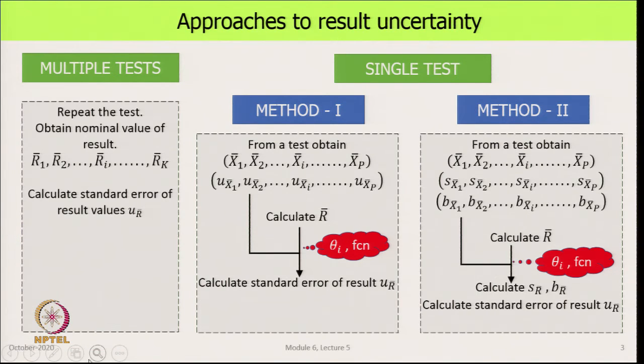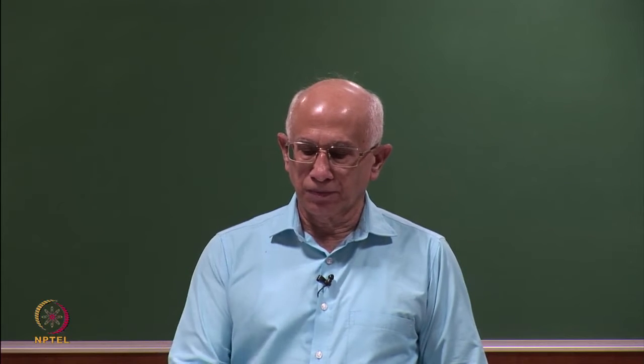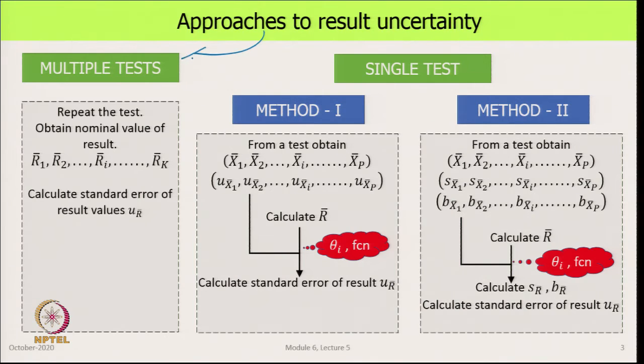So, to just revisit what we have done in the previous few lectures, we have said that there are two broad approaches to uncertainty analysis, particularly uncertainty in a result. We have multiple tests and the single test. In the multiple test, all we do is do the experiment many times and get the result value.